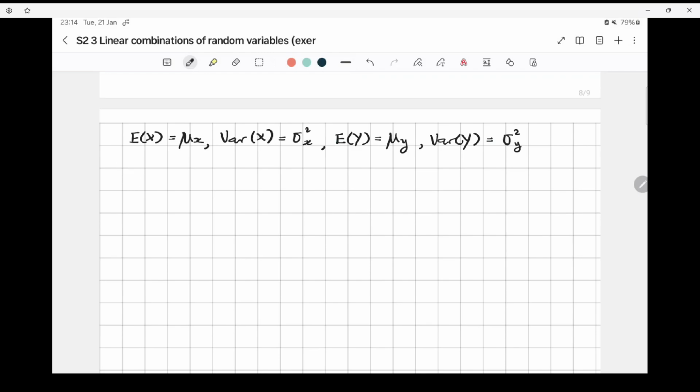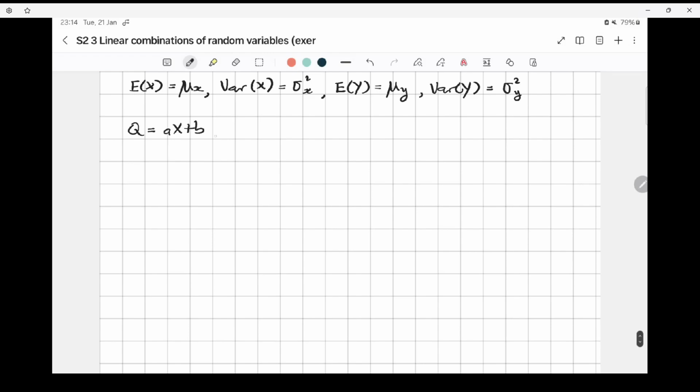Let's say Q equals aX plus b, where a and b are constants. Then E[Q] will be E[aX plus b], which is a times E[X] plus b.